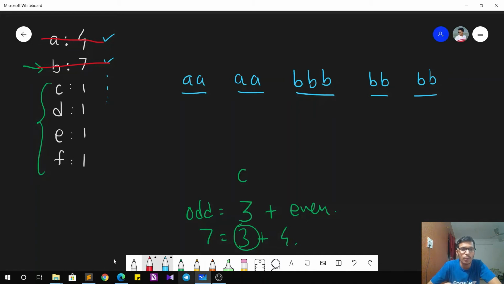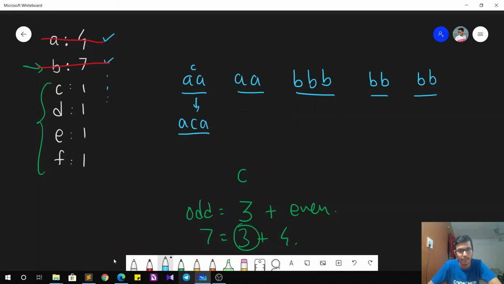Now only remain the characters that have their count as 1. That is, they occur only a single time in the string. So where to place them? You can see that this C can be placed between these two A's so that it forms A, C, A, and it's still a palindrome, right?